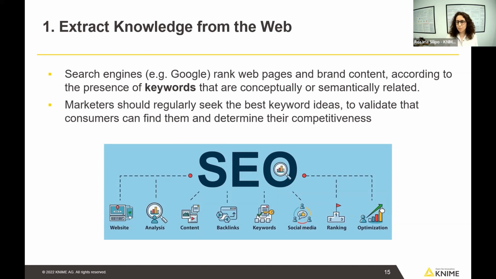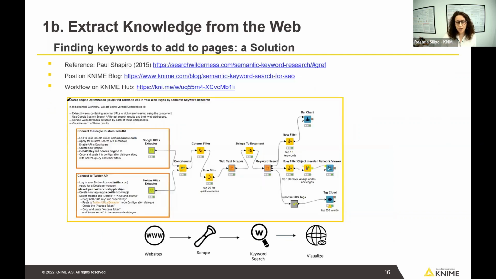Keywords used to be considered alone, but for many years already they have been considered together, either conceptually or semantically related. The web pages that include the most meaningful keywords rank highest in the search engine results, and that's what we want for our own web page. So how can I find which keywords are the most meaningful to have in my web page?